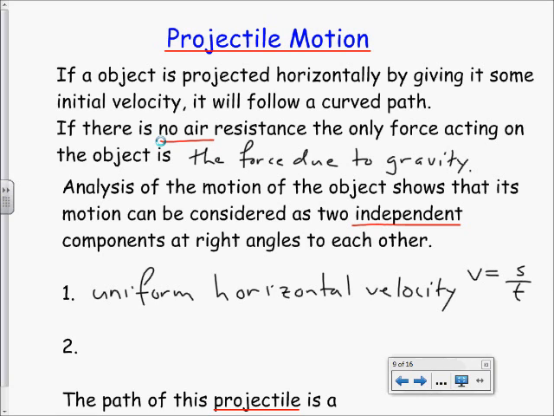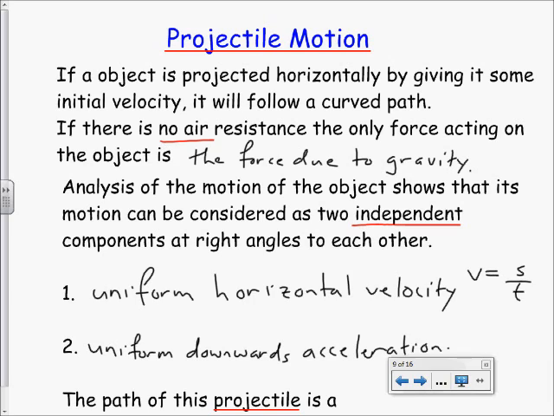And then the second component is uniform downwards, or vertical, acceleration. That's the one where g equals 9.8 meters per second squared, and that's where we apply the equations of motion.